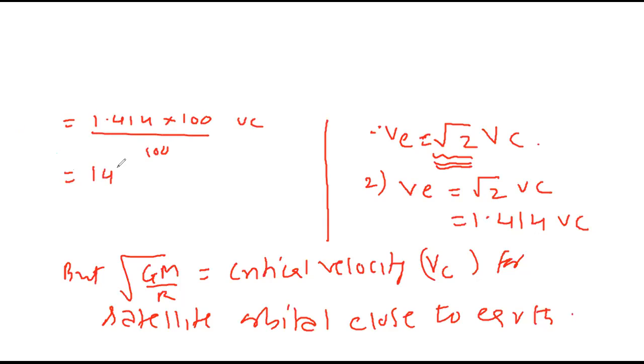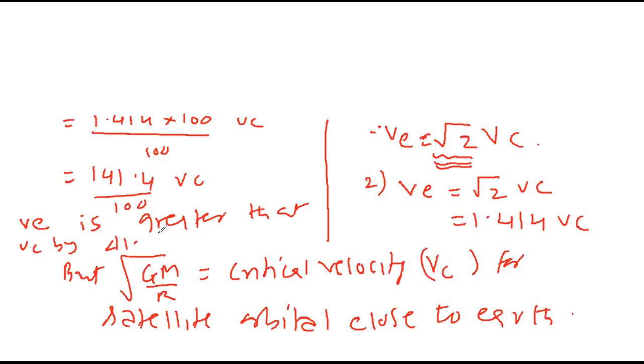So can I write it is 141.4 upon 100 of vc? So it is how much more than 100 in numerator? 41.4. So we can say ve is greater than vc by 41.4%. This also they can ask you in MCQ. Escape velocity is dash percent greater than critical. So ve is greater than vc by 41.4%.